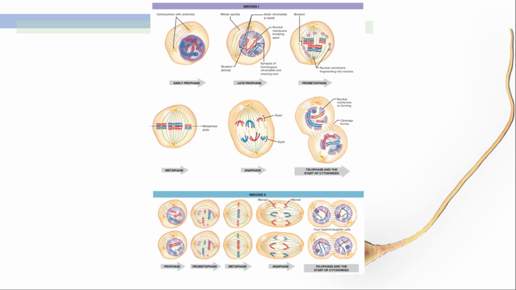Again, when we say dyad, it is composed of two sister chromatids or two monads. So, in the case of humans, meron tayong 46 chromosomes. Ibig sabihin, what comes towards the direction of one pole ay 23 chromosomes. But each of those 23 chromosomes are in the form of dyads.